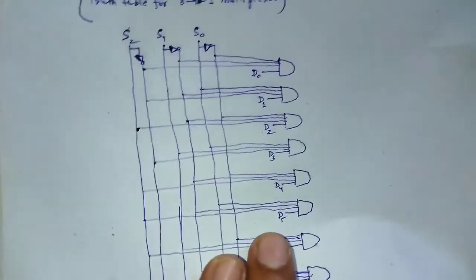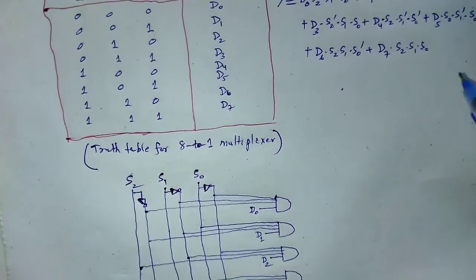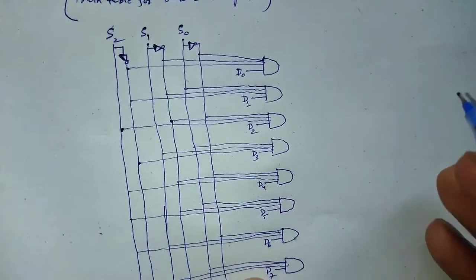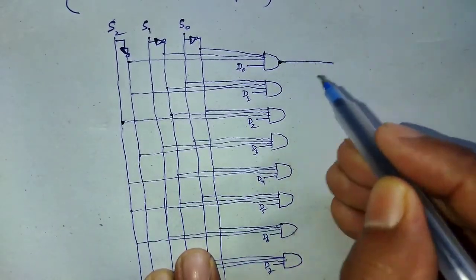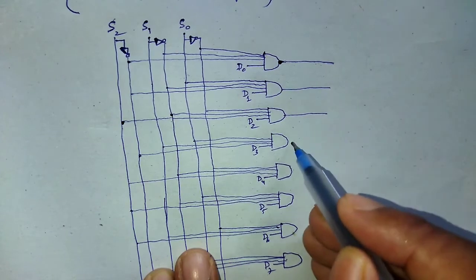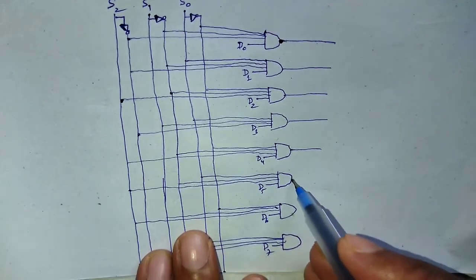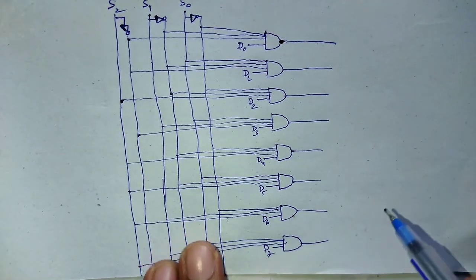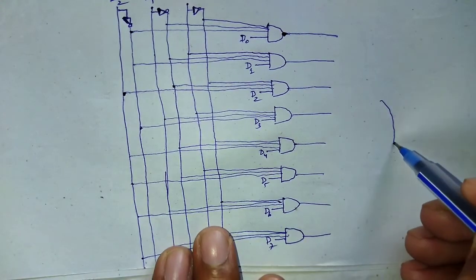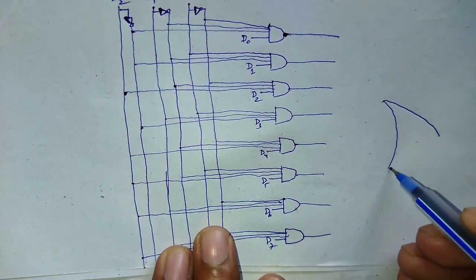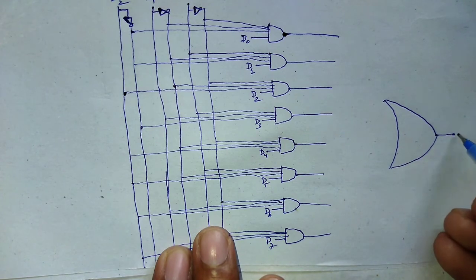In this way we have provided the inputs. Next, the outputs of all these AND gates are the inputs towards an OR gate, and finally we have the output Y.